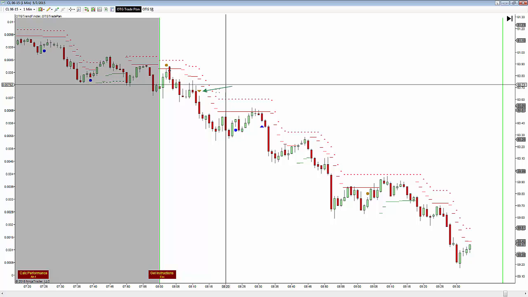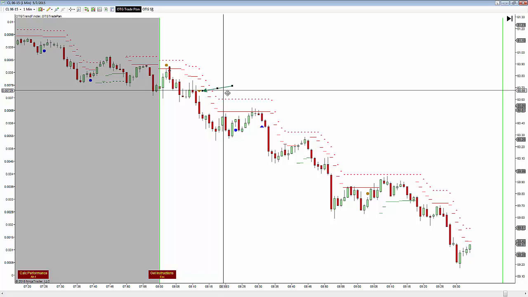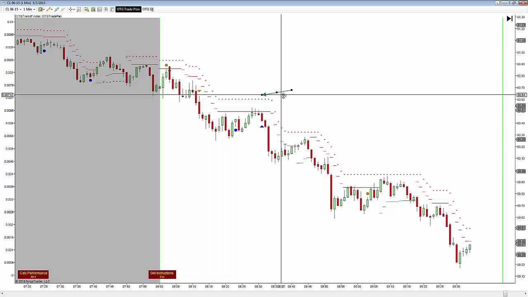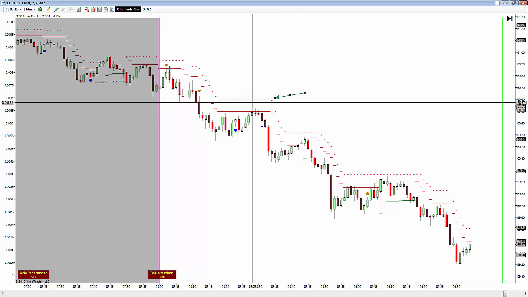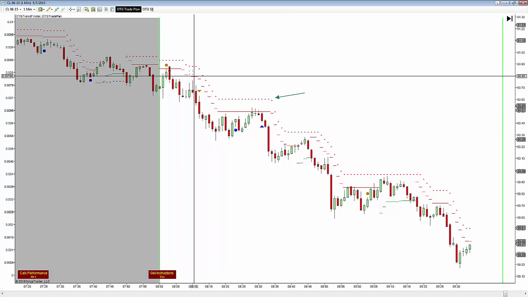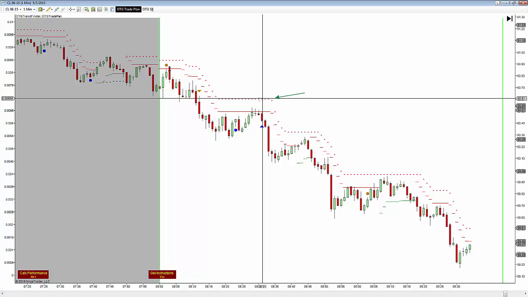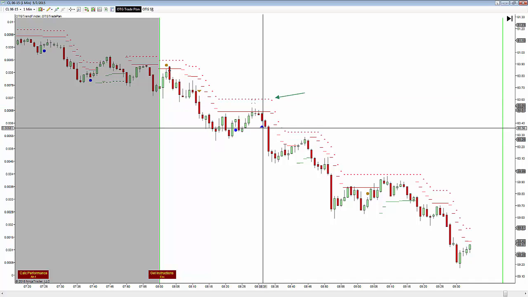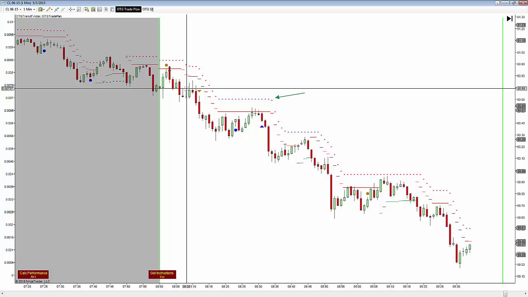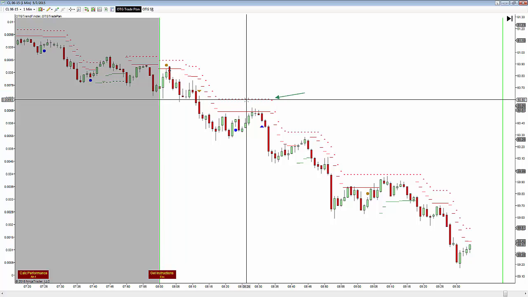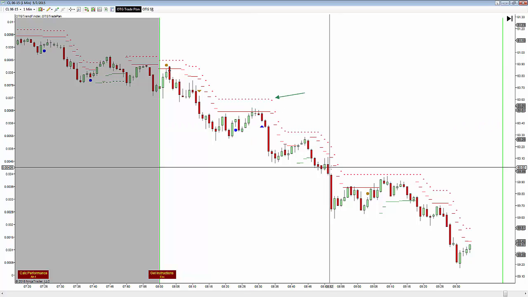And then the market will continue to move forward until it hits the standard stop line. That's represented by these red triangles. So as the market continues to move down, it will either go to 50 ticks or it will come back and stop out here at this trailing stop, which is the aggressive trailing stop.